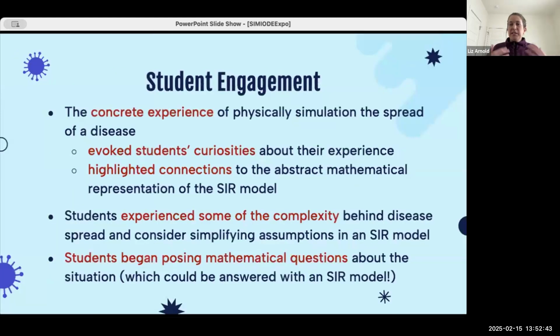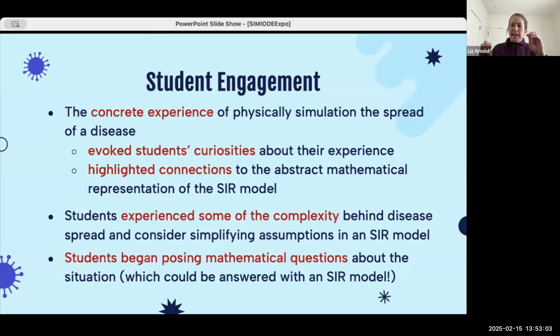And what we have found is students love this. I've never had students leave not smiling after doing these simulations. It's just fun to get up and walk around in a math class. But the concrete experience of these simulations really evokes students' mathematical curiosity and their biological curiosities.